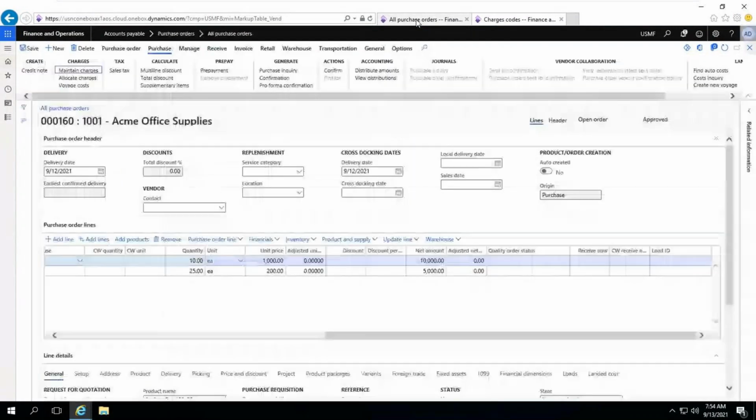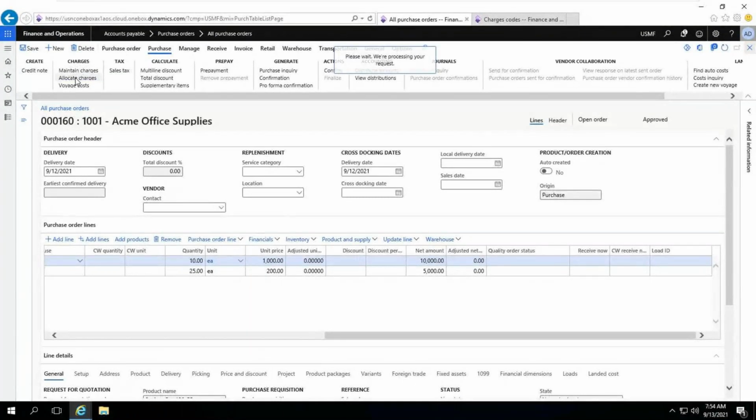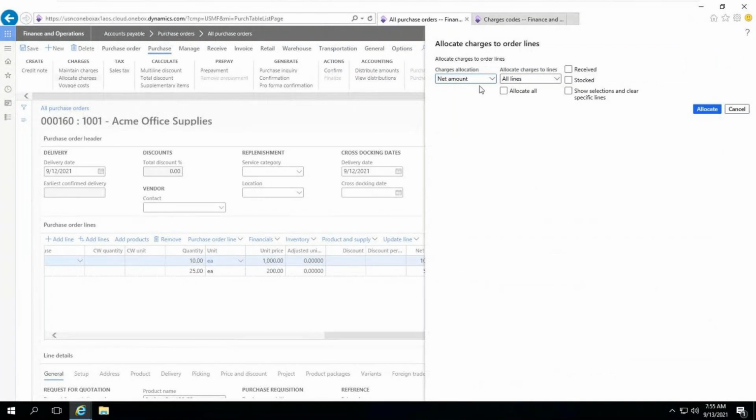Let me allocate charges based on the method net amount. That is the best practice. Based on net amount calculation, I'm proceeding.